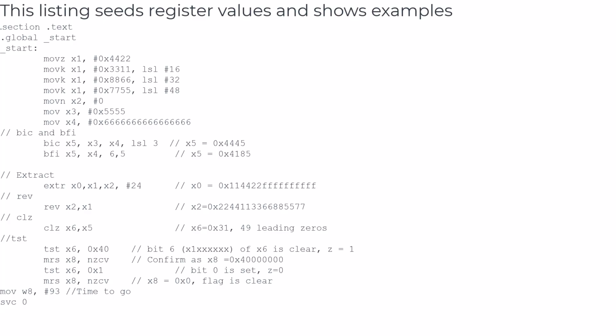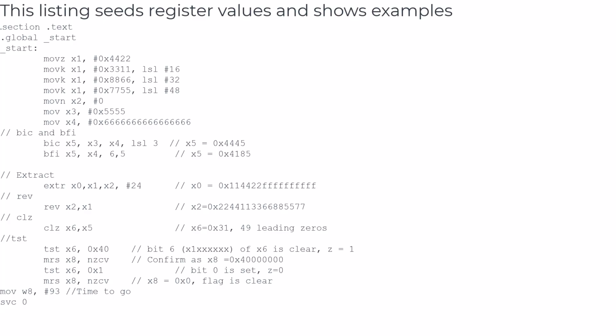The listing shown will first seed some of the registers and then move on to show examples of the bit-twiddling instructions that we have just discussed. So you can look through this. It's a good idea to work on these instructions with GDB or with a spreadsheet and verify that the instructions are giving the results that you expect, because some of these are reasonably complex.